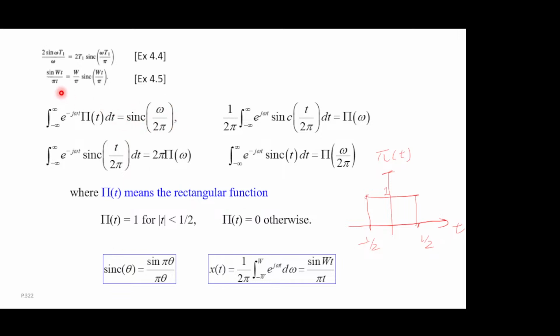But you need to renormalize things a little bit. So we have this 2 sine omega t1 over omega, and you need to do a little change of variable, and you see that's actually sinc of omega t1 over pi, and 2t1, etc. And you pick t1 equal to 1/2, so this is 1, and you are left with sine omega over 2 pi.